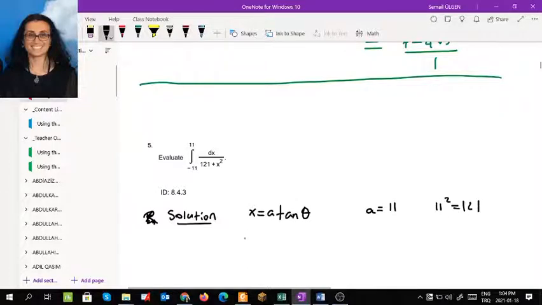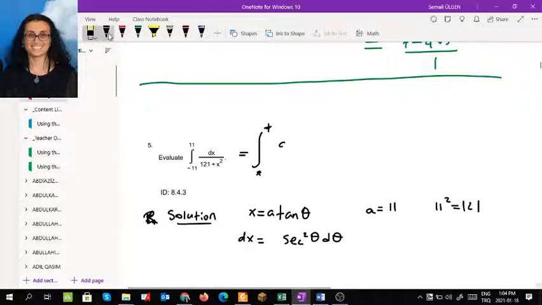Okay, let's try it. So dx is equal to a times secant squared theta d theta, yeah? And then let's plug this in. Instead of a, let's write 11 here, because a is 11, we know.